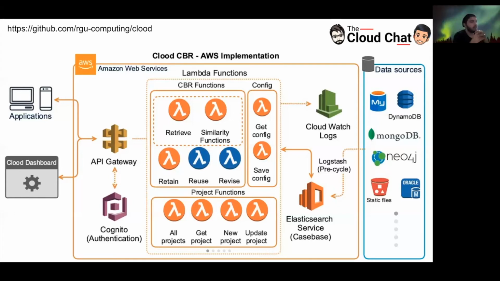Okay, understood. So the pro that I see here is that say you have a client who is on Google Cloud, and he says, okay, I need access to CBR. Can you guys set it up? You don't have to worry about any of the core logic. You just need to set up the API gateway endpoints, and whatever authentication they have.